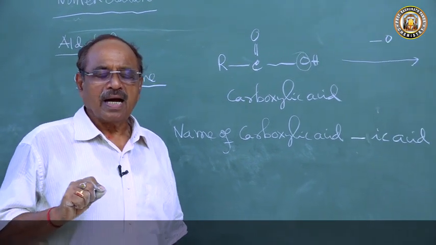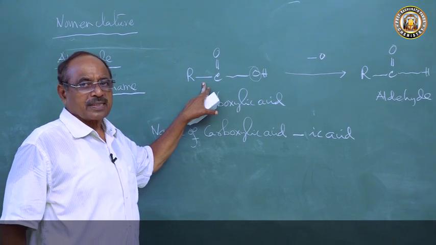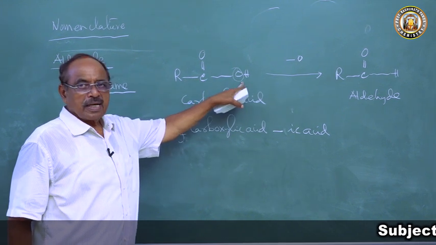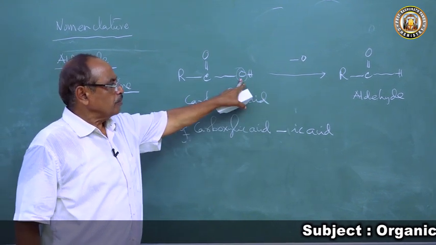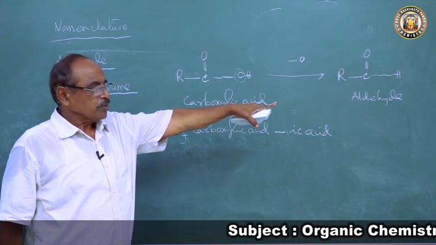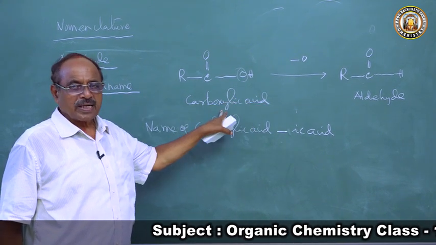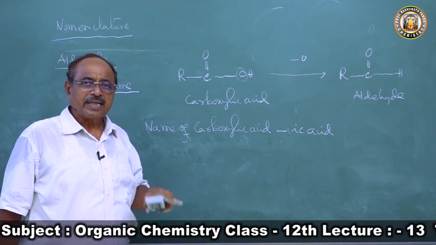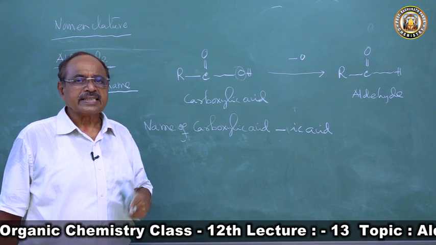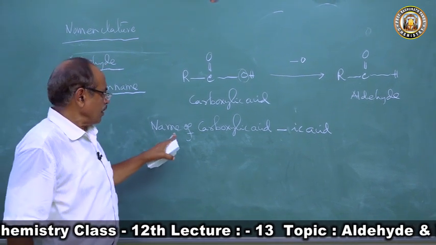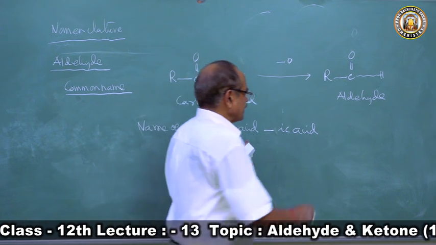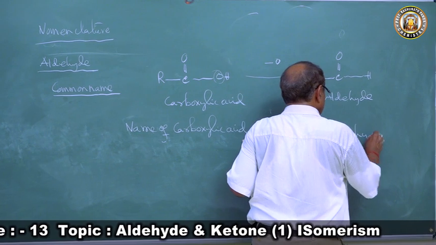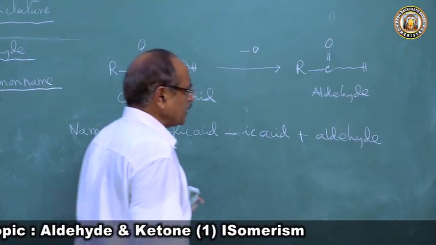If you compare the molecular formulas RCOOH and RCOH, you remove O and get the aldehyde. So an aldehyde is named after the carboxylic acid of which it is a reduced product: the name of the carboxylic acid minus IC acid plus aldehyde. That will give you the name.